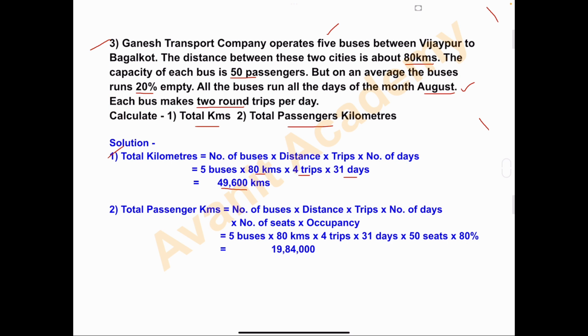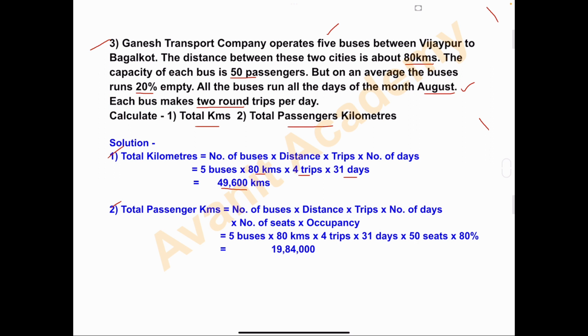Next we have to calculate total passenger kilometers. Formula: number of buses into distance into trips into number of days into number of seats into occupancy.